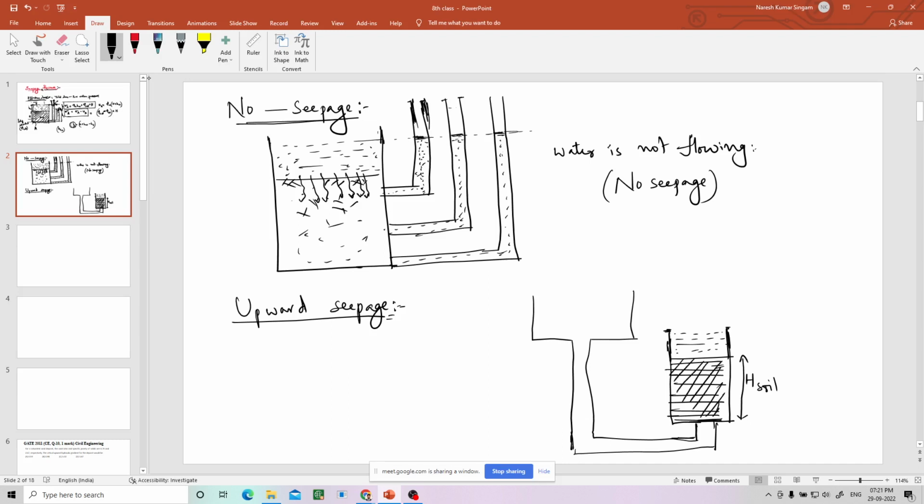Let us say this is small HW. Now here also what I am doing, we are maintaining constant level of the water in this container. This is the constant level, it will not decrease or increase.